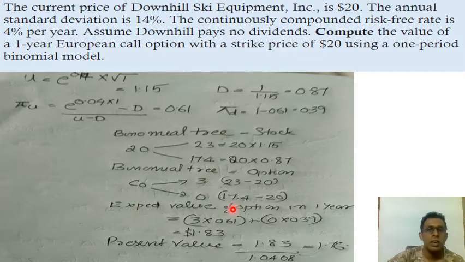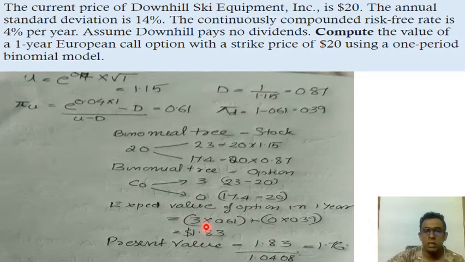So the expected value of the option in 1 year is 3, which is 23 minus 20, into the probability 0.61, plus 0 into 0.39, which will give us 1.83. So at year 1 the value of the option is 1.83.